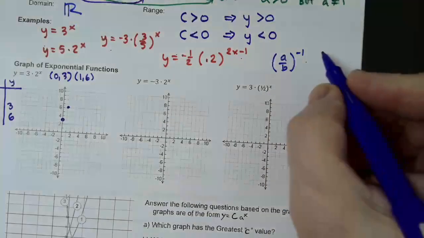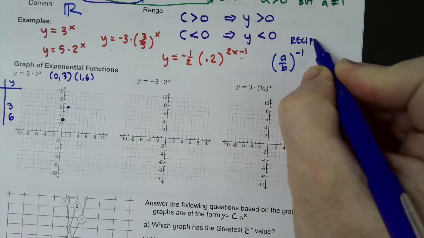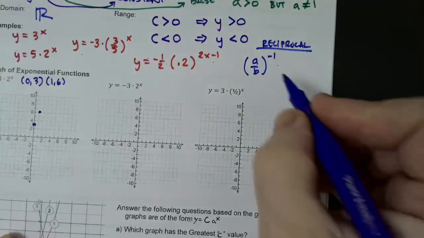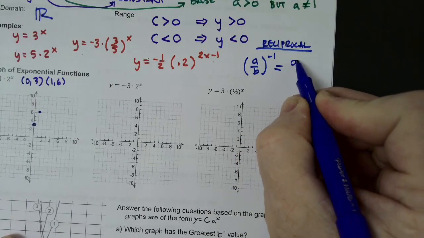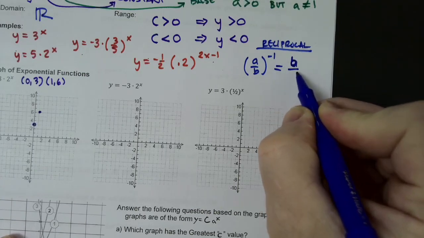Remember, this is really called a reciprocal. We take something to the negative first power, we do a reciprocal, which basically flips this. The a goes to the bottom, the b goes to the top.